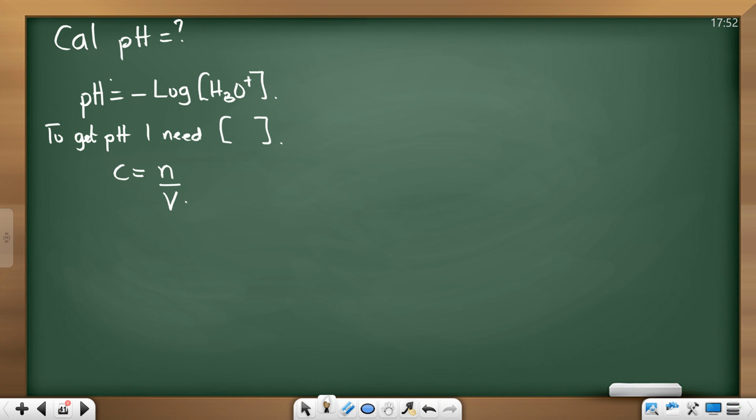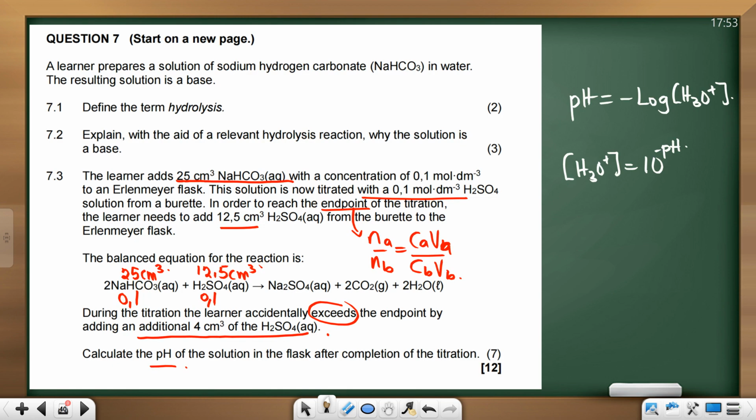Number of moles and volume. If I can get these, then I can bring it there and I can get my pH. Let's work with number of moles and volume. Wait. There is something that they mentioned here. Exceeds. It means that we have excess.